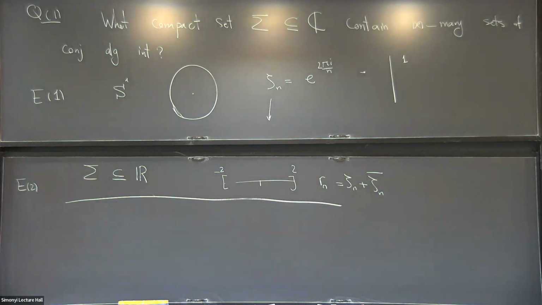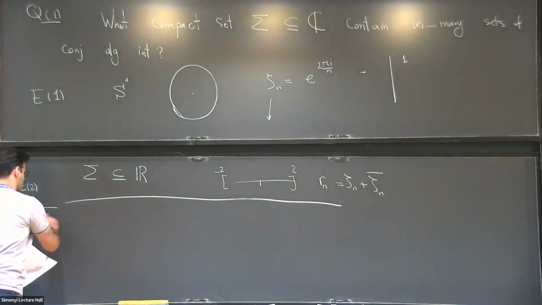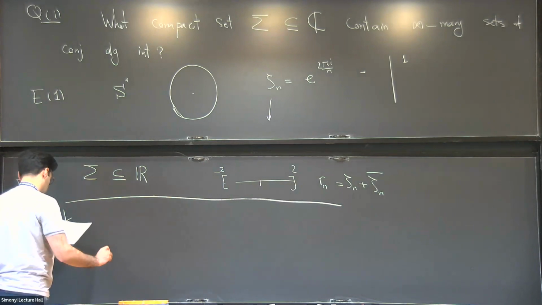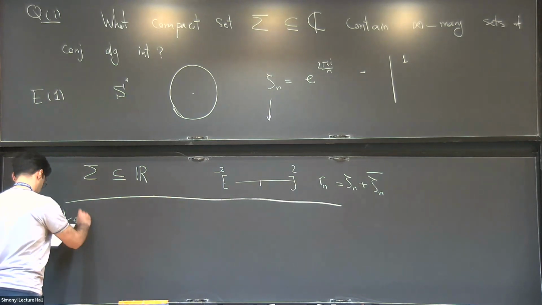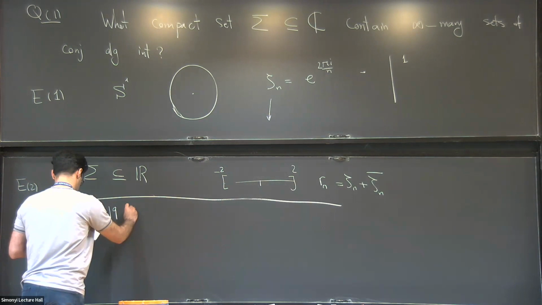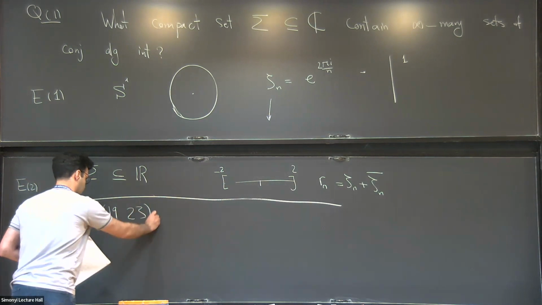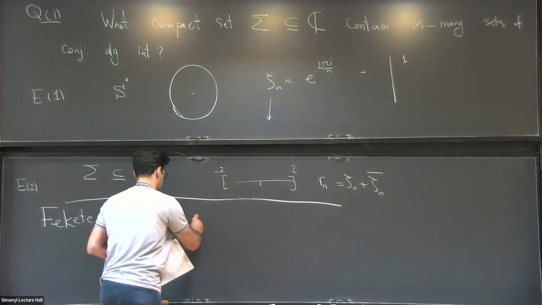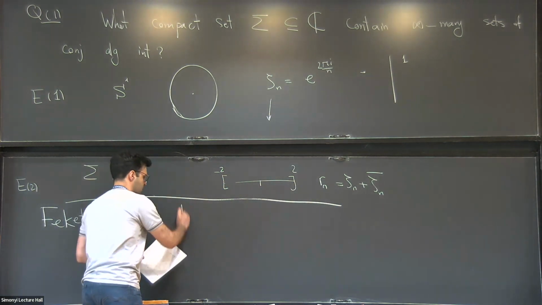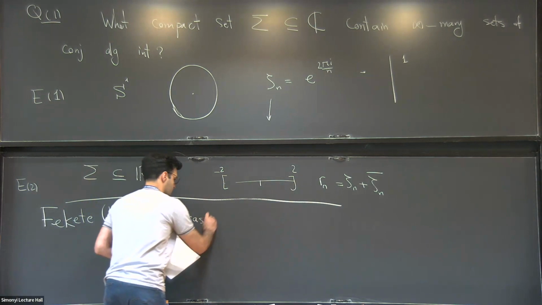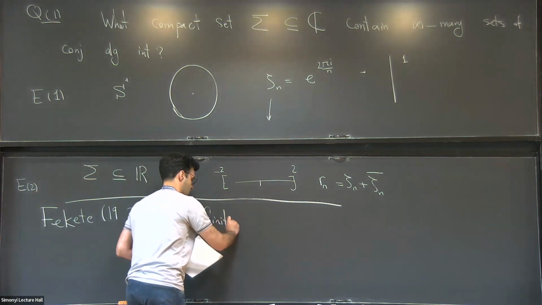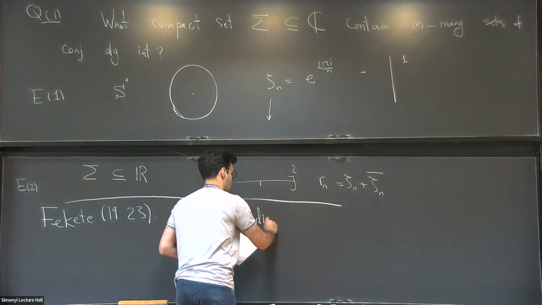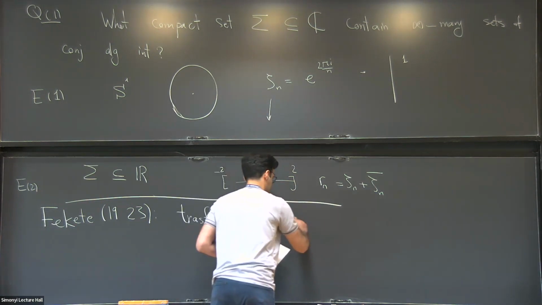translate it. So what is Fekete's theorem? This is from 1923. He defined the notion of transfinite diameter, which is the capacity of a set, the transfinite diameter of sigma.